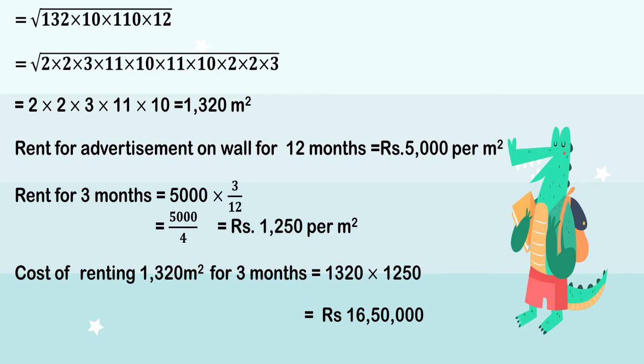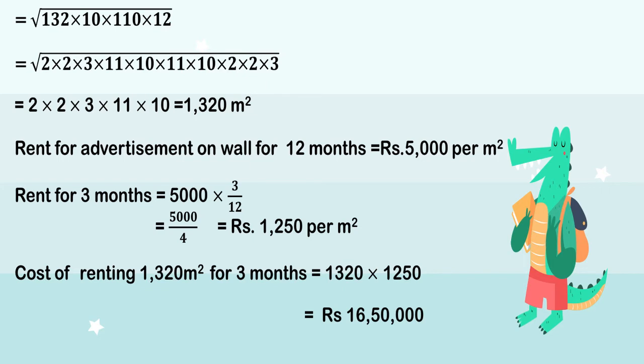Now I will again do the factorization of this. Factors of 132 are 2 cross 2 cross 3 cross 11. Then I'll write 10 as it is. Factors of 110 will give me 11 multiplied by 10, and 12 can be written as 2 cross 2 cross 3. Now you can see I have pairs. How many pairs of 2 are there? 2 pairs only. So I'll bring the two 2's outside the radical sign.